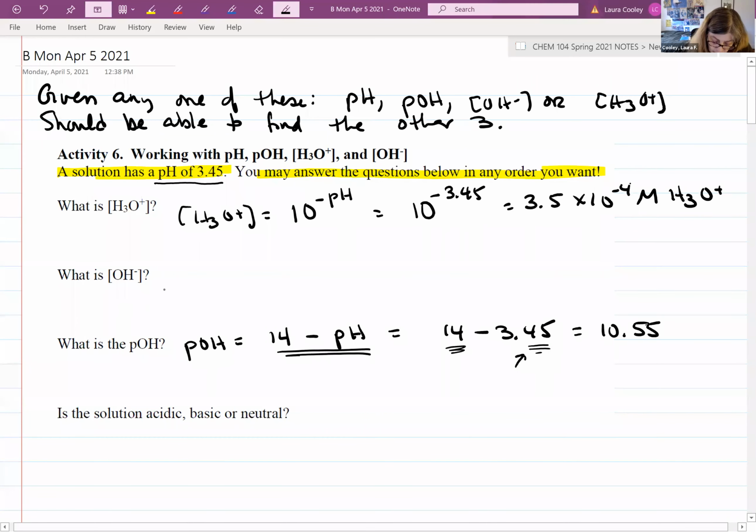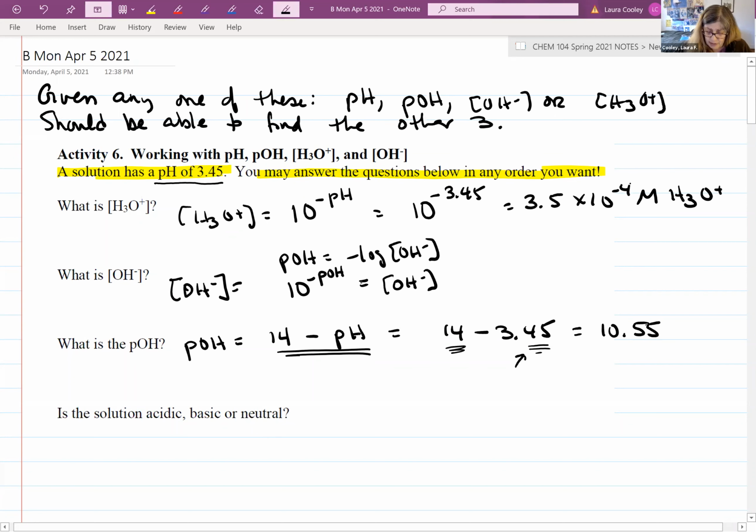So how could I find the OH minus from that? Well, remember, pOH is the negative log of the OH minus. So that means 10 to the negative pOH is the OH minus, just like 10 to the minus pH is the H3O plus.